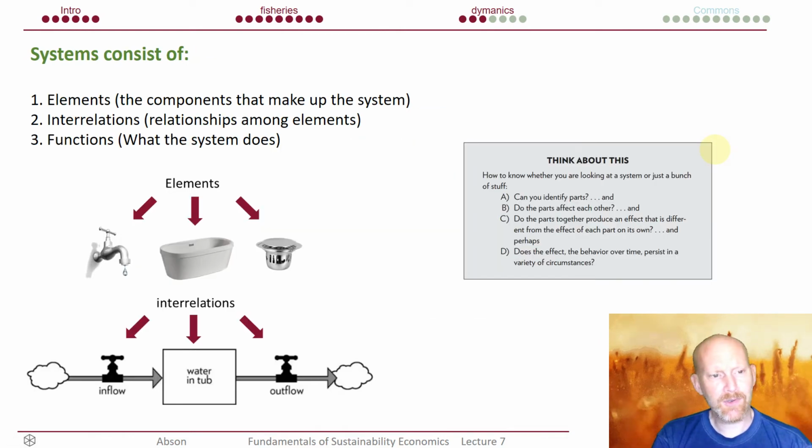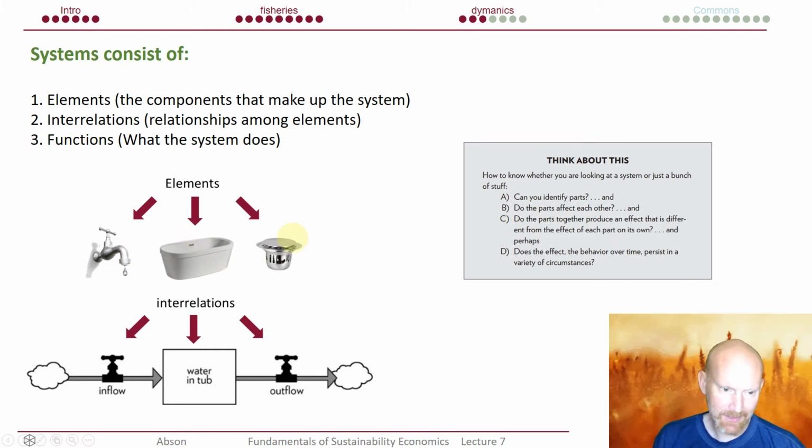So generally when we're talking about systems, then we're thinking about elements, the interactions between those elements, and the function. So a system is made up of a number of elements, the interactions between those elements, and it does something. So this is a pretty simple example of a bath. You have a water faucet, a water tap, and then you have the bathtub, and then you have a drain.